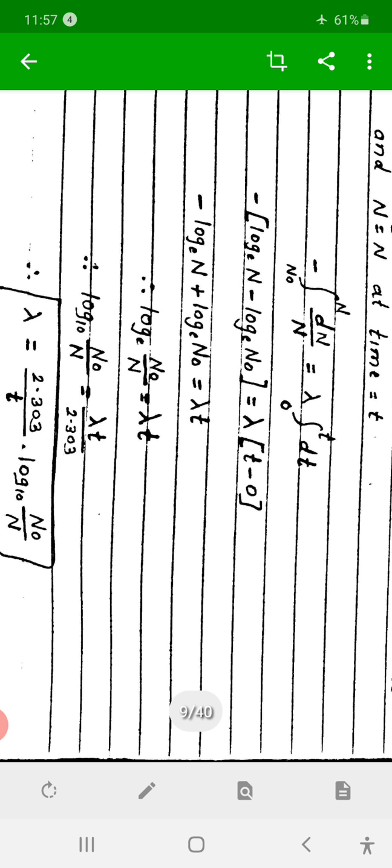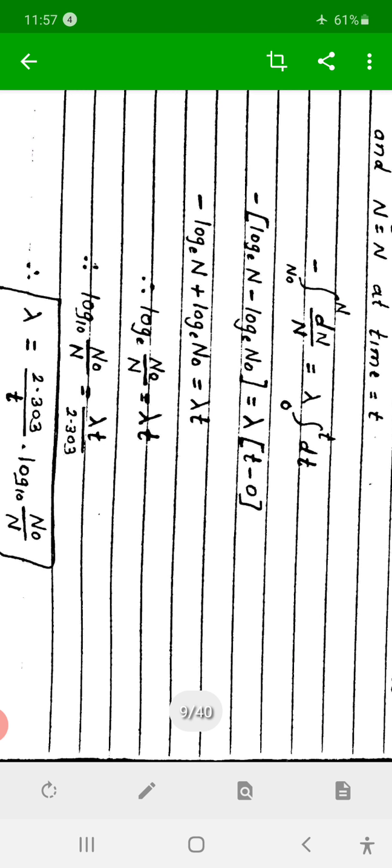Therefore, by converting log base e to log base 10 by multiplying with the constant 2.303, the equation becomes 2.303 into log base 10 N0 upon N is equal to lambda into t. By rearranging, log base 10 N0 upon N is equal to lambda into t upon 2.303.